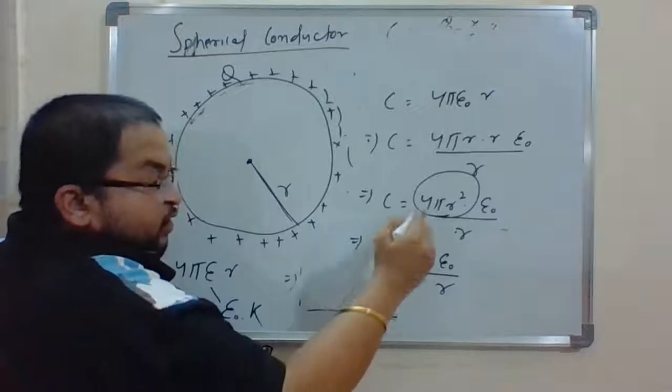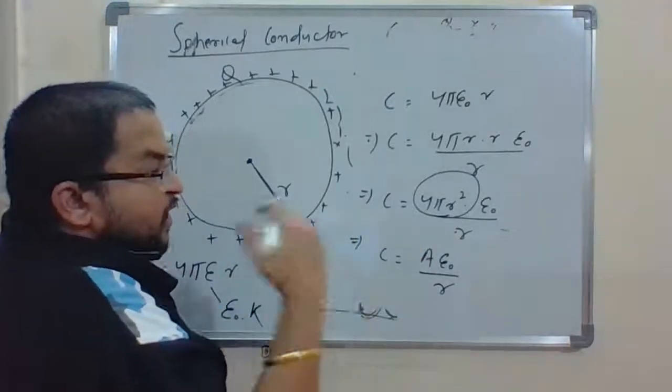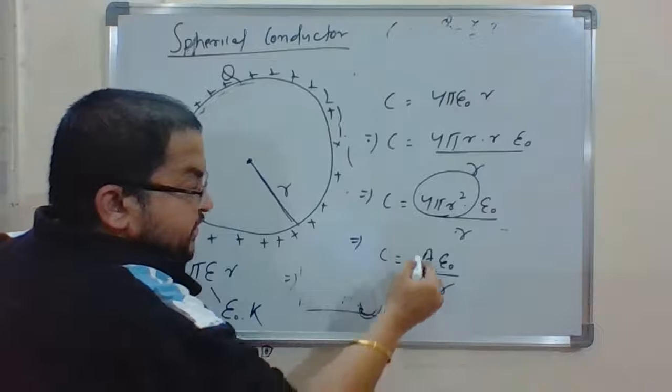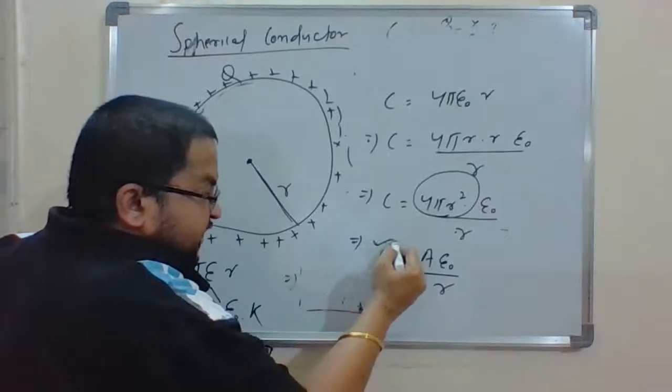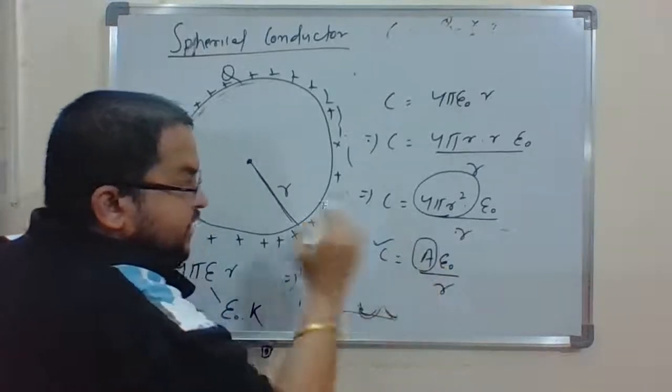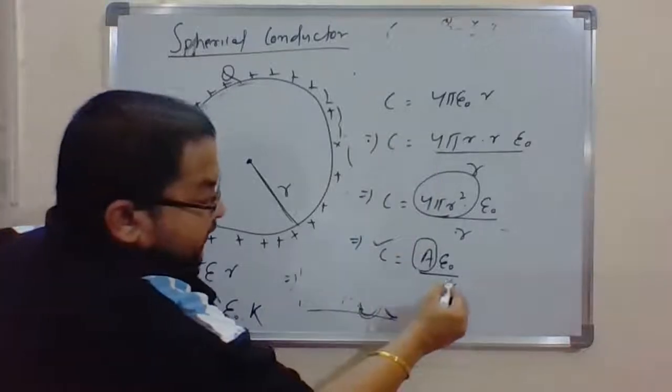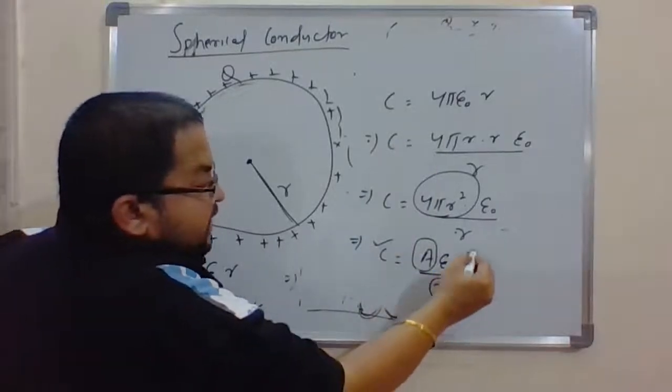Once we move into parallel plate capacitors, we would see that capacitance depends on the area of the plate, the distance between them, and the medium.